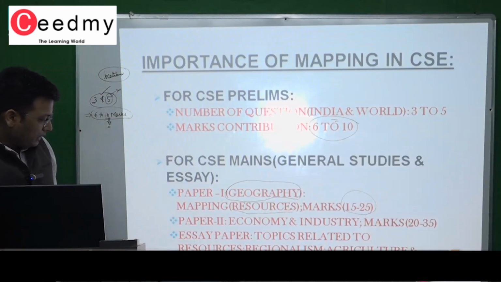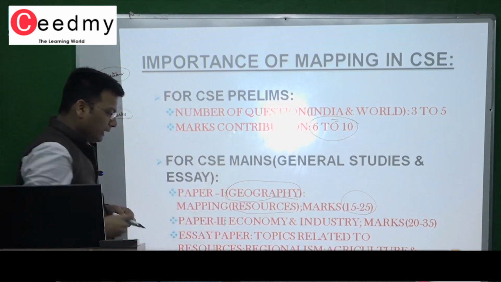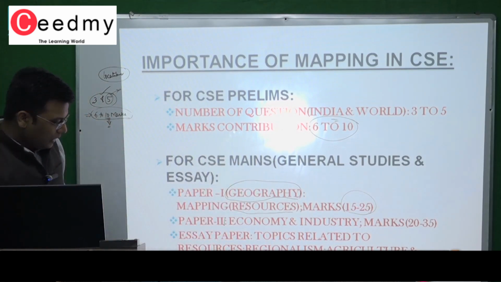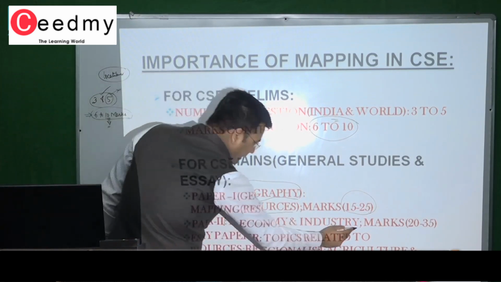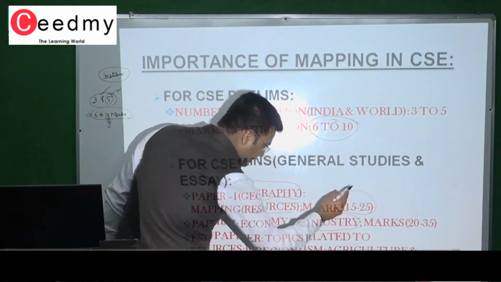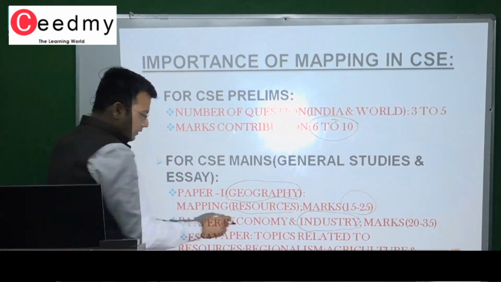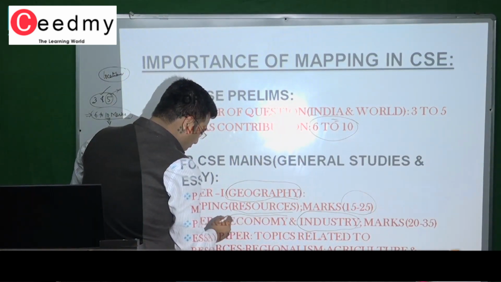Now in paper 3, sorry, this is paper 3, economy and industry, they ask questions particularly on industry, like textile industries, cottage industry. They ask the potential of regions in economy.